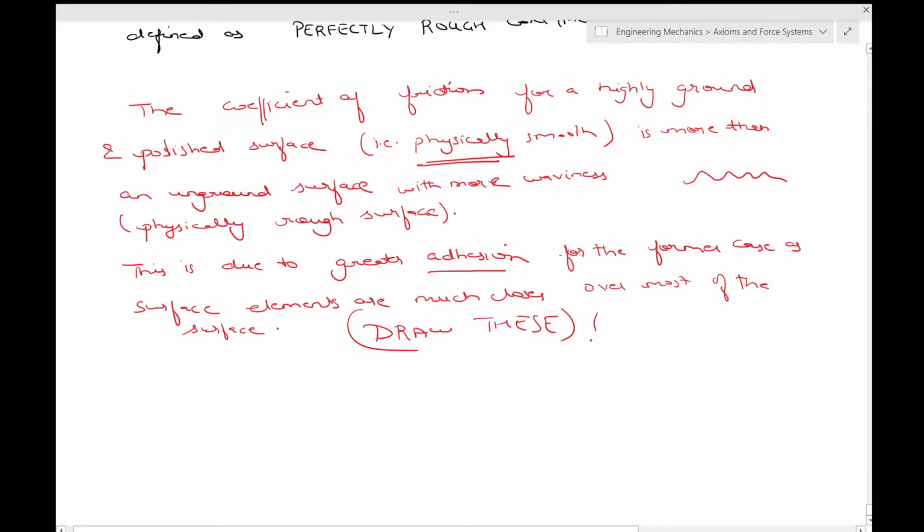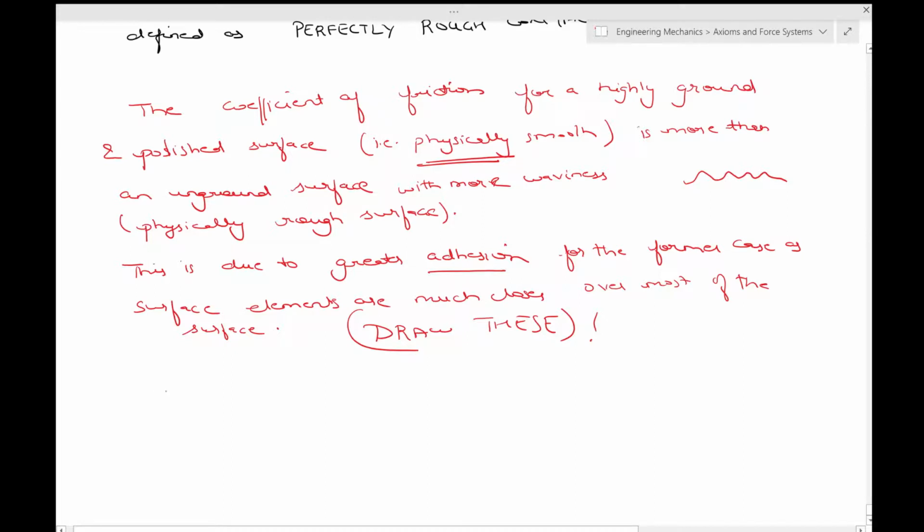We have already learned before that for any force system, the simplest resultants of the distributed contact force system and the distributed frictional force system are wrenches. So that will also be true over here.